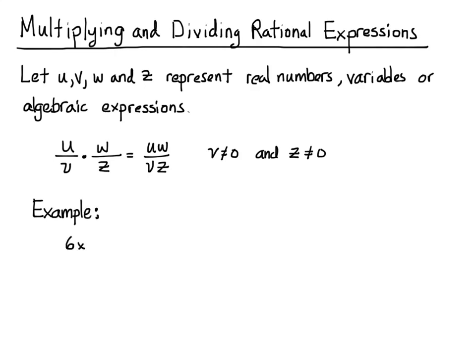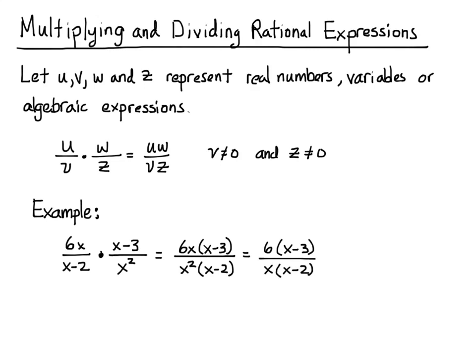So oftentimes these things look nearly trivial. When we have something like 6x over x minus 2 times x minus 3 over x squared, when we combine them, it looks just like combining the factors. We just multiply the numerators, multiply the denominators, and then we look for common factors, see what can be factored out and canceled.